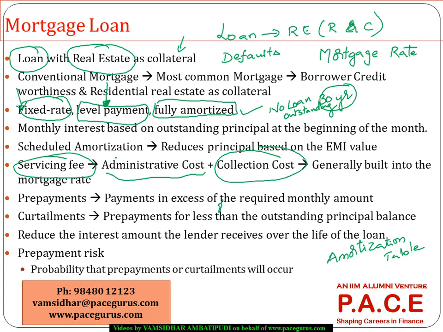Generally, this kind of job is outsourced to third parties also, who charge a servicing fee for making sure that they are collecting all the payments from all the borrowers on time. And this rate is generally built into the mortgage rate itself.